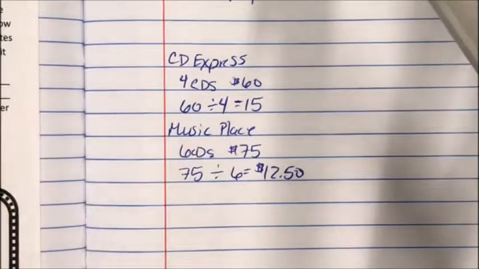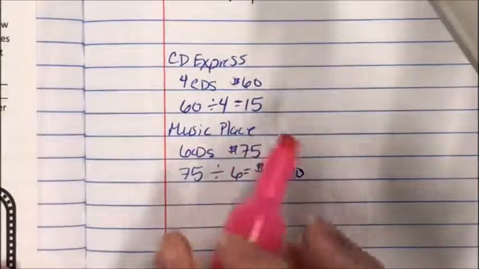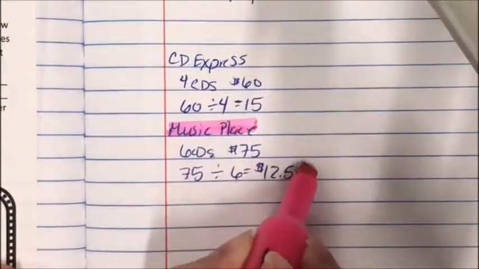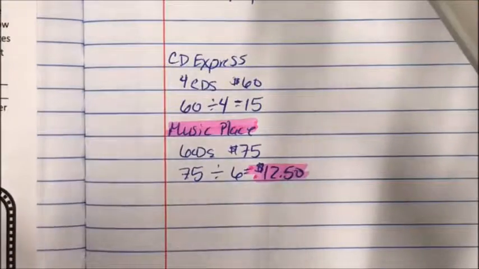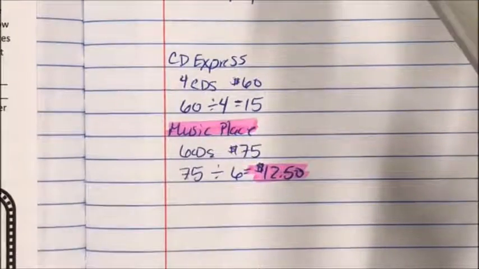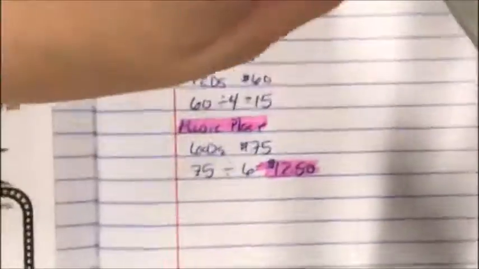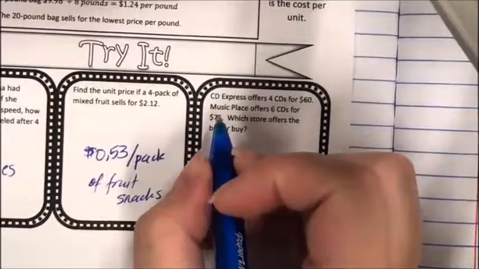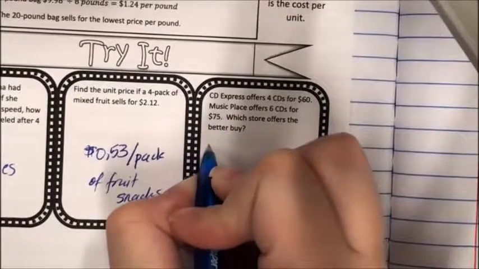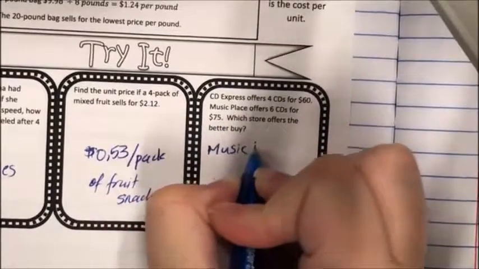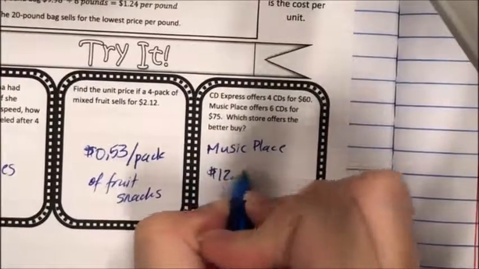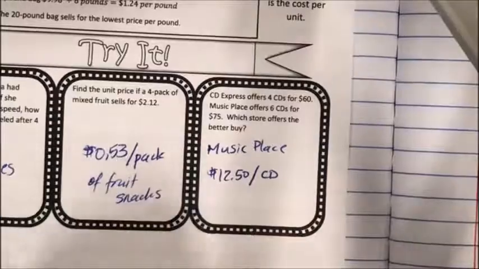Okay, so the better deal, the cheaper deal, is Music Place because theirs is $12.50 and CD Express is $15. Okay, so I'm going to write that down. Music Place, where it's $12.50 per CD.